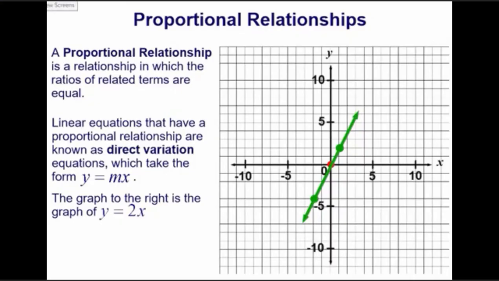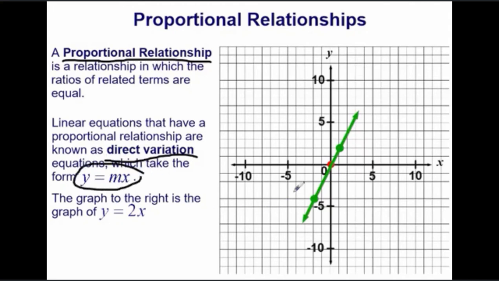A proportional relationship comes from when you start at the origin. It's a relationship in which the ratios of related terms are equal. Linear equations that have a proportional relationship are known as direct variation equations, and they take the form y equals mx.